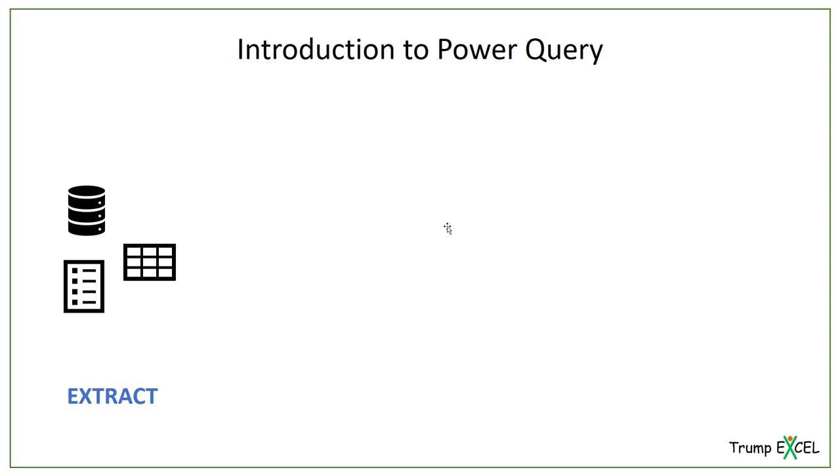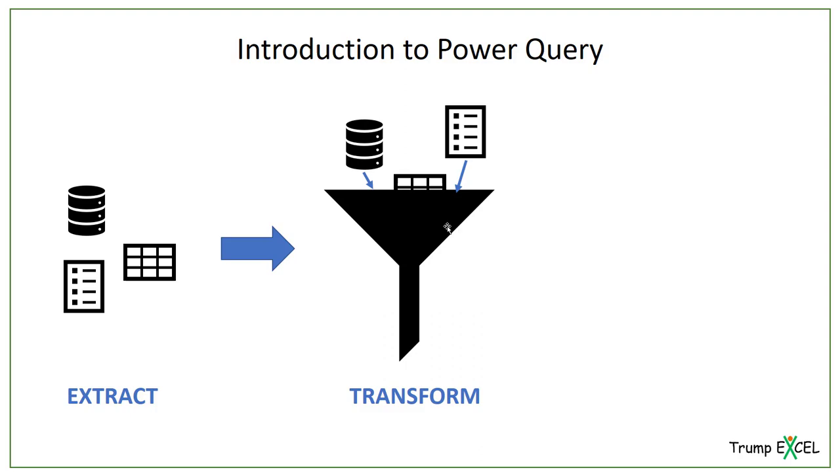Once you have the data, you need to transform it, which means that if you have additional columns that you don't need, then you need to remove those columns, or if you have duplicate data, blanks or errors, you need to remove them and transform the data in a way that it can be used to do meaningful analysis. So for example, if you want to create pivot tables out of it, then you need to have the data in a pivot ready format.